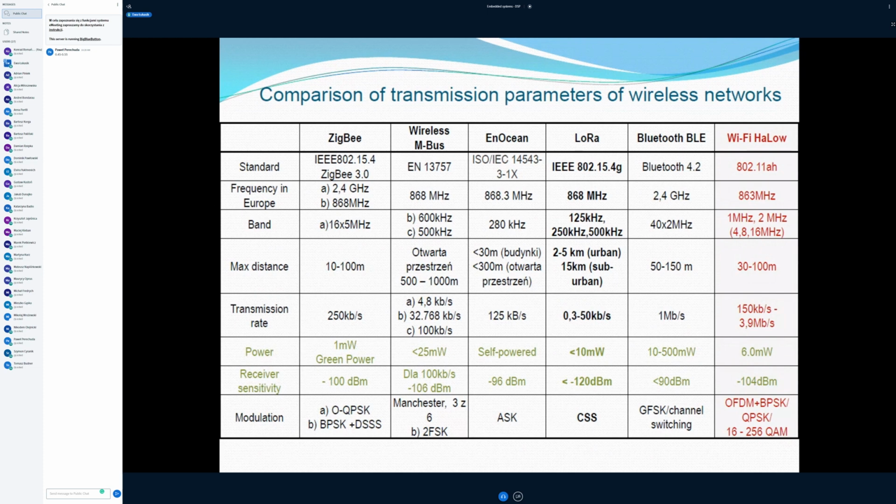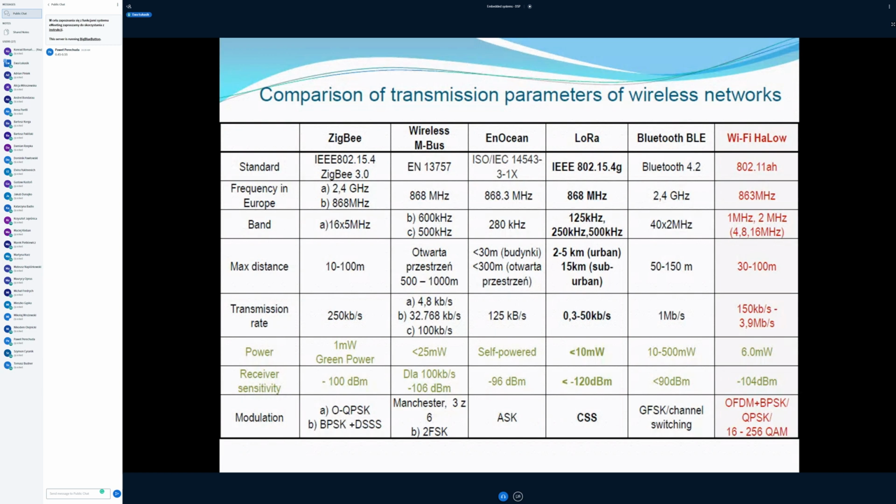Yes, so Bluetooth, because, well, beacons and things like that, and computers and sending images and things like that via our smartphones. So this is the distance. And Wi-Fi HaLow, it's 30 to 100 meters. Transmission rate, not so high, you can see. ZigBee 250 kilobits per second.